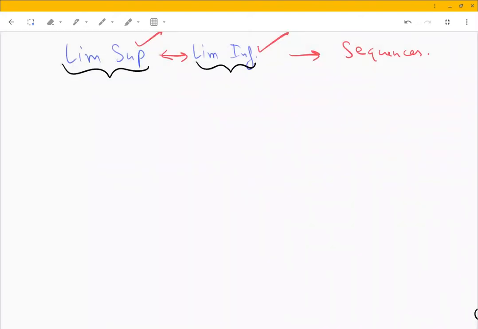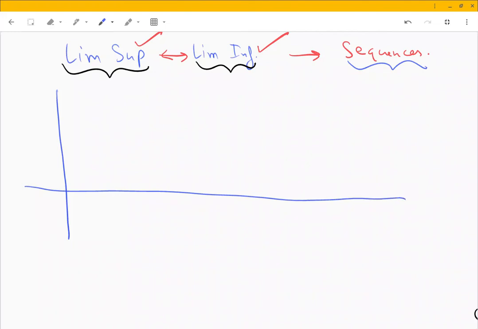All right. So limit superior now. Limit superior and limit inferior. Now, this is a concept on sequences, right? So let's take a sequence. First let's understand what kind of sequence is available. Also, this is how I tend to look at a sequence.